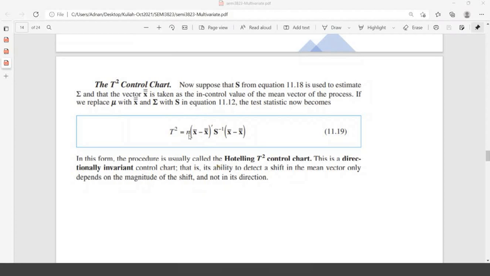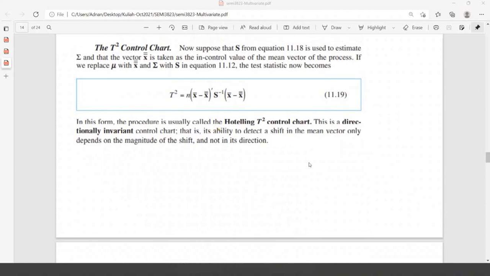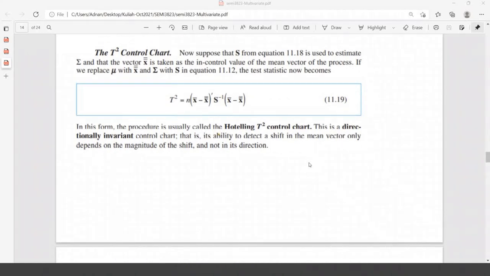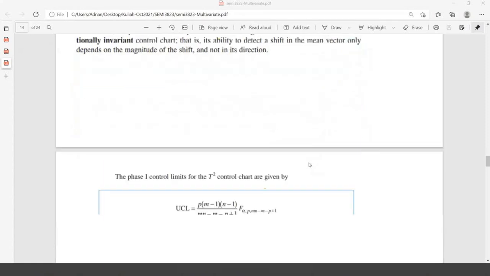This is the representation in terms of matrix. We call it the Hotelling T2 control chart, to handle multivariate parameters that need to be jointly monitored. You can monitor 2, 3, 4 parameters and so on, but here we just limit our discussion to 2 parameters.